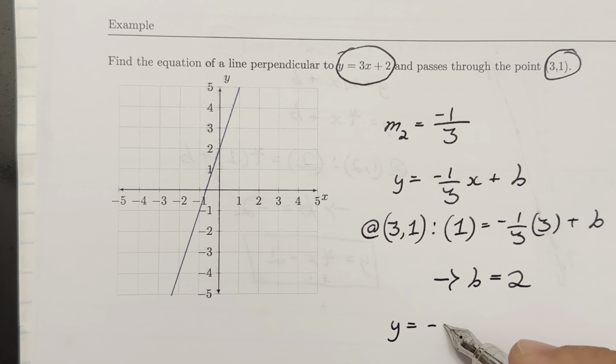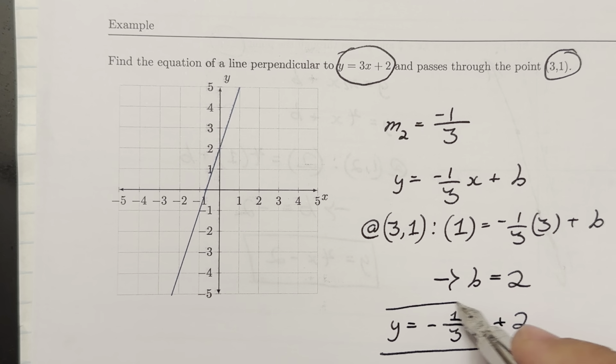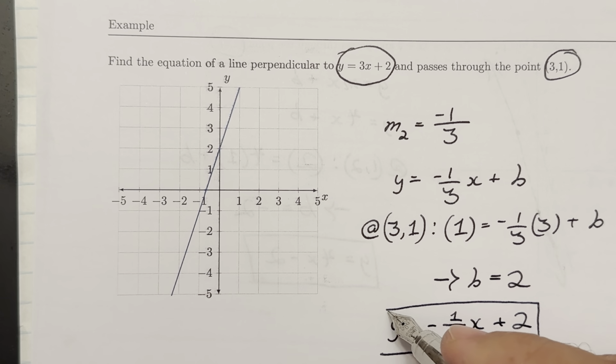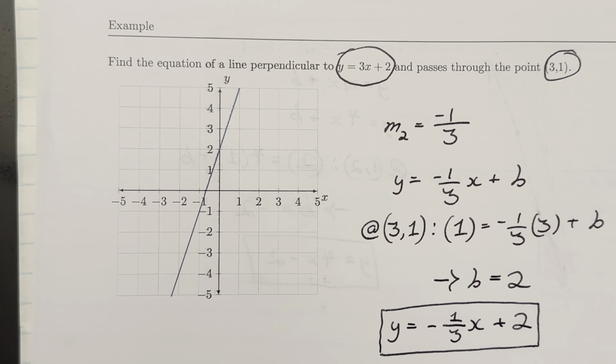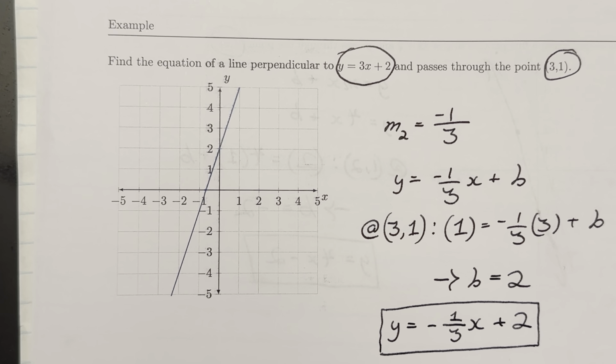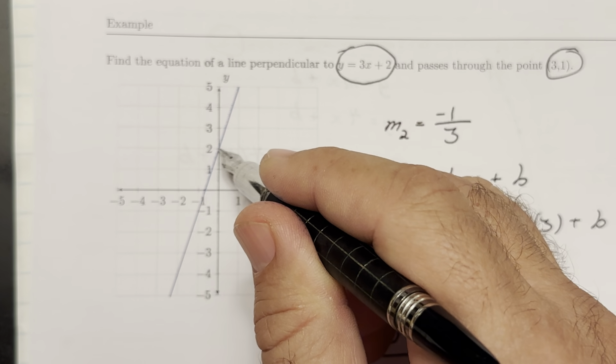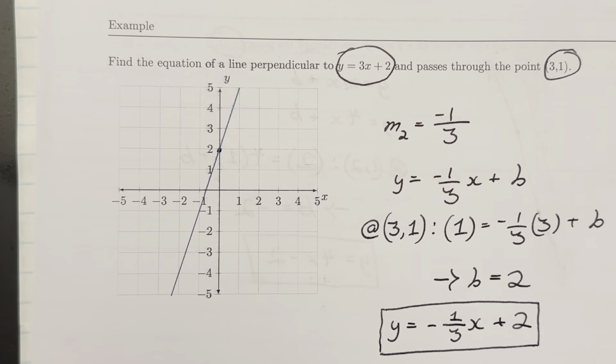So y equals -1/3 multiplied by x plus 2. Just like so. So you can see these two lines intersect at the same y-intercept.